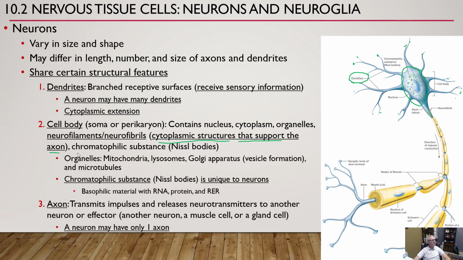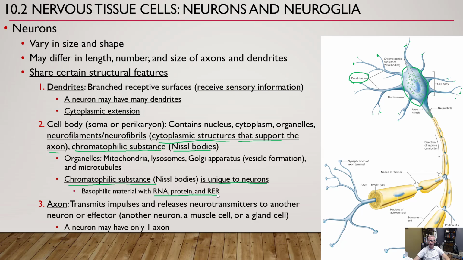And then we also have these things that we haven't talked about, this chromatophilic substance, also called Nissl bodies. And I'll just say right now that these are really unique to neurons. We only find these chromatophilic substances in neurons. Basically, it's a bunch of RNA, protein, and some rough endoplasmic reticulum.